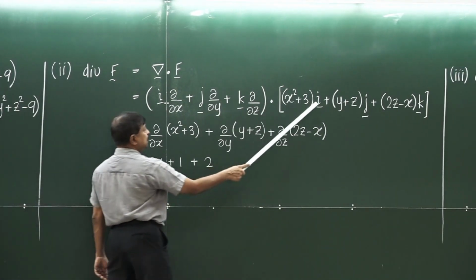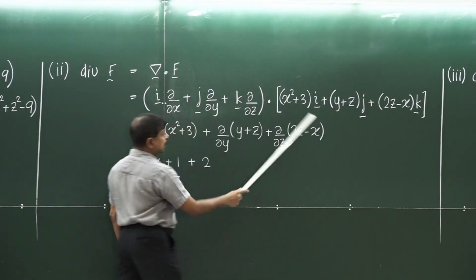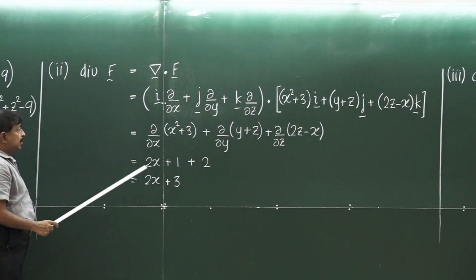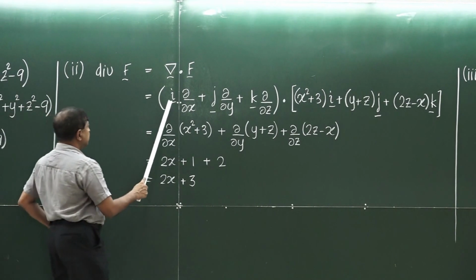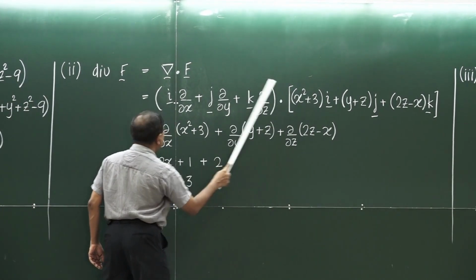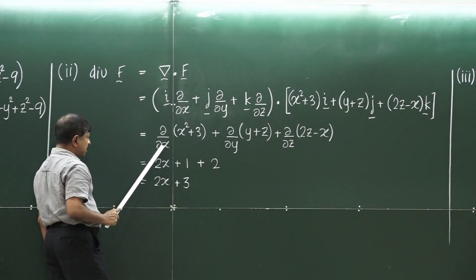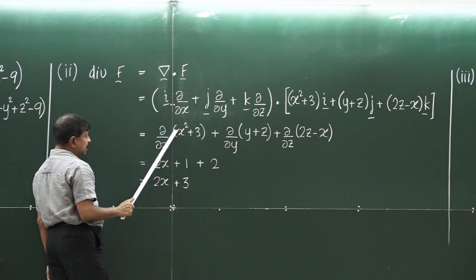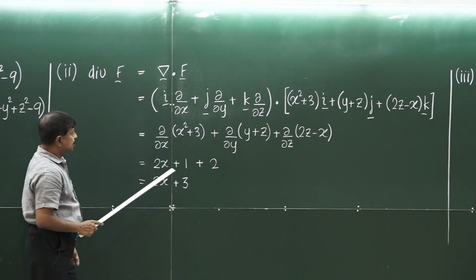So, i dot i is 1, however, i dot j is 0, i dot k is 0, we know that. Here i dot i gives you a non-trivial value, so it is 1. Therefore, this function falls on top of this one. So, you will end up with partial over partial x of x squared plus 3 here.